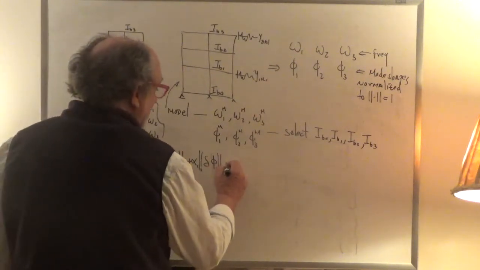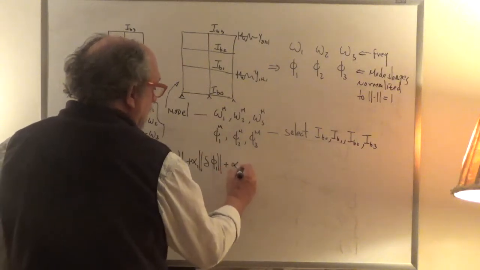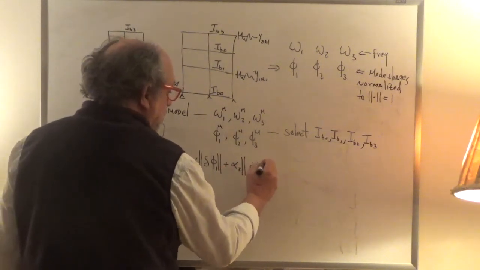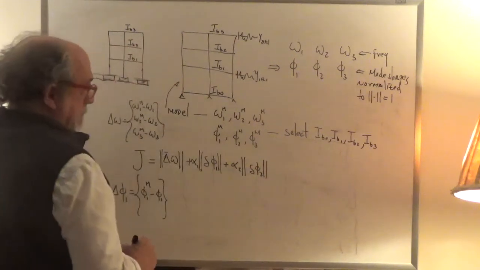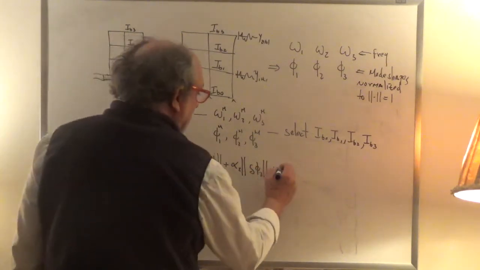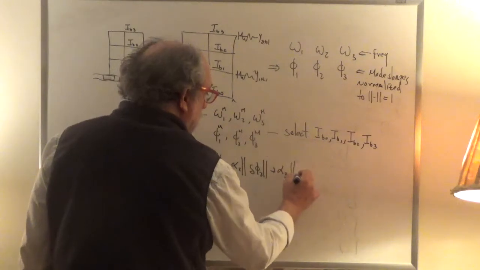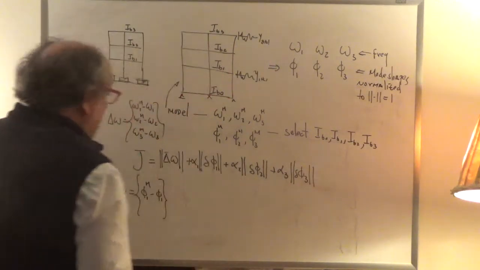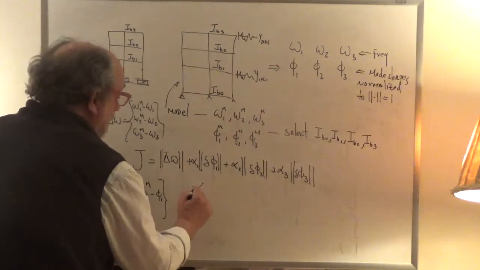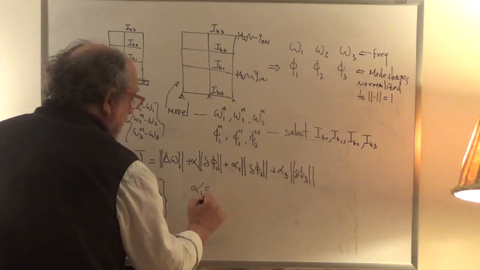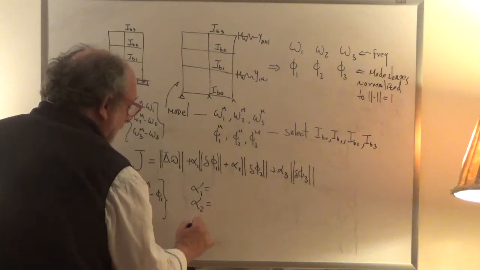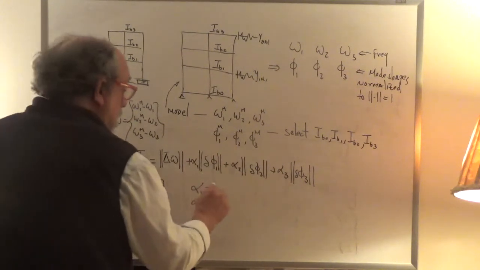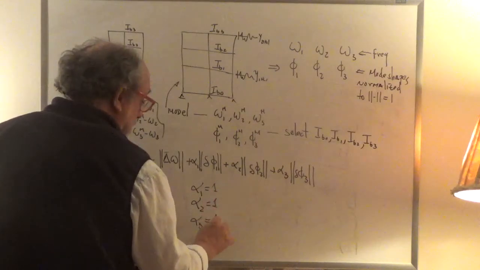So you could say alpha 1 times the norm of delta phi 1 plus alpha 2 times the norm of delta phi 2 plus alpha 3 times the norm of delta phi 3. And alpha 1, alpha 2, and alpha 3 are up to you. You could say they are 1, for example.